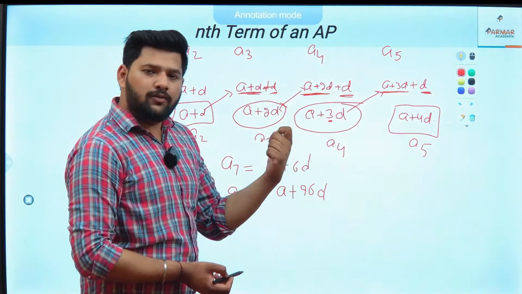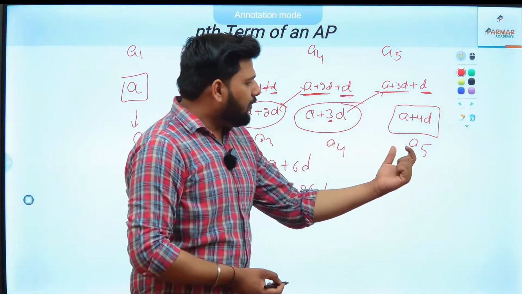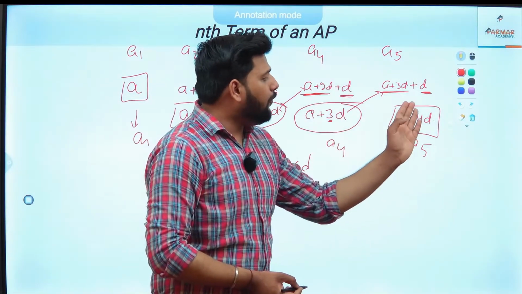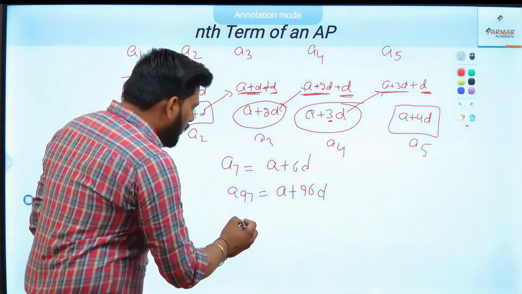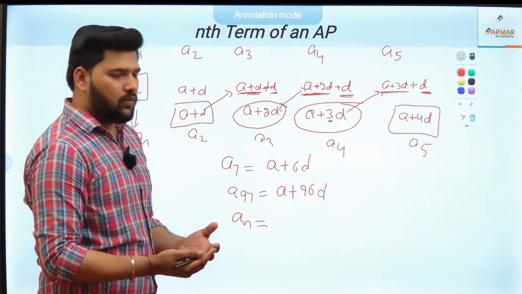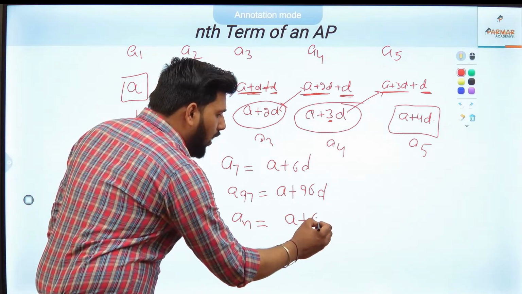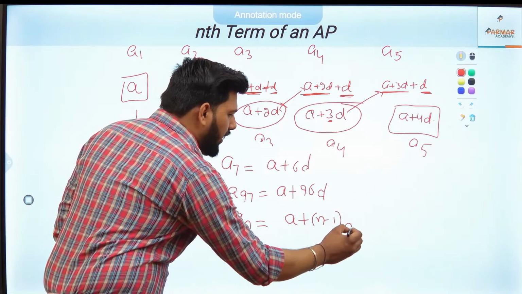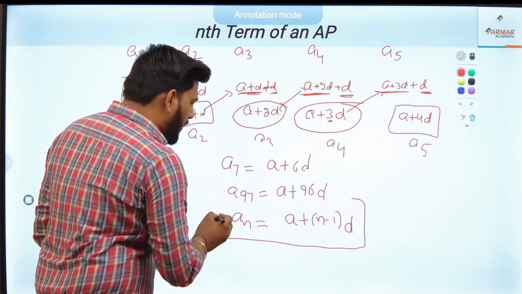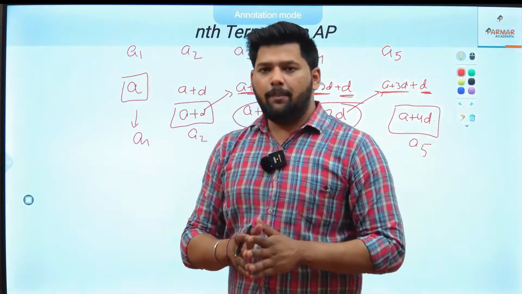For the fourth term, we are using A plus 3 times D. To find the fifth term, we are using A plus 4 times D. So simply to find the nth term of any sequence, we will use a formula, that is A plus 1 less, that is n minus 1 times D. So this is the basic formula to find the nth term of the AP sequence.